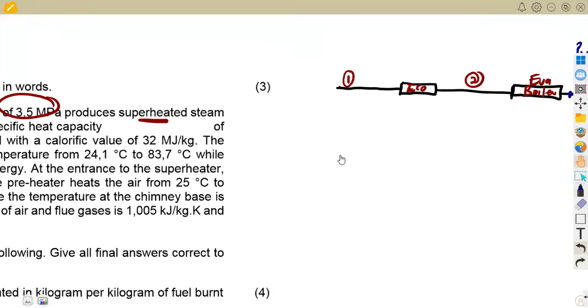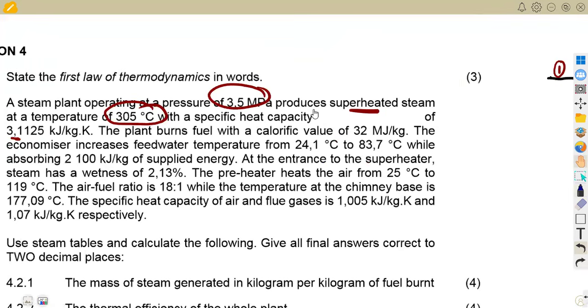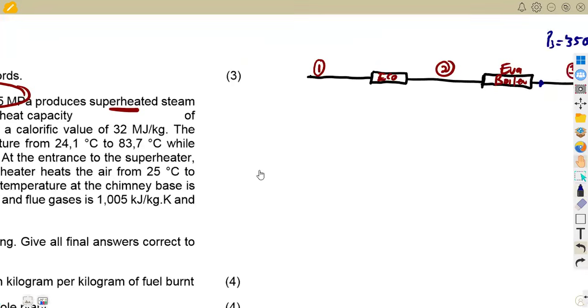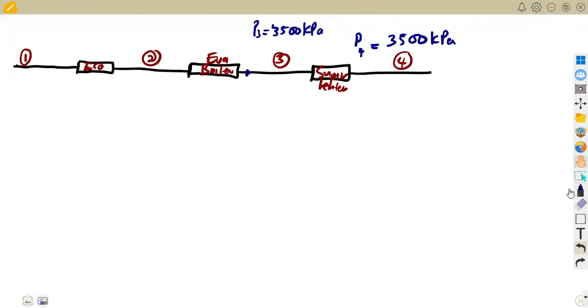Then the temperature is what it produces. This is the temperature at the output of the superheater, and the specific heat capacity. So these two we are given, guys. That is T sup. In this case here it is given as 305 degrees Celsius, and also the specific heat capacity of the superheated steam, because sometimes it can be a gas.